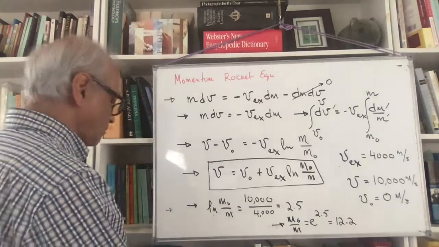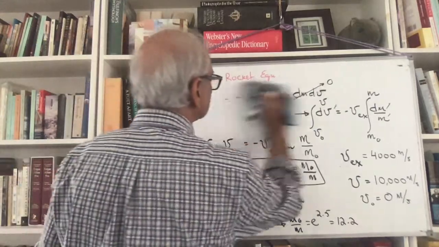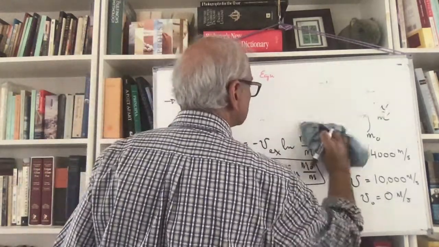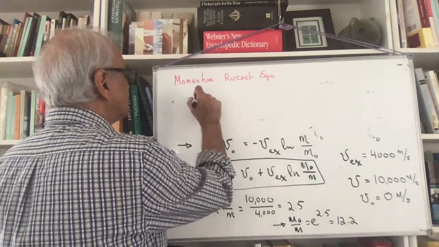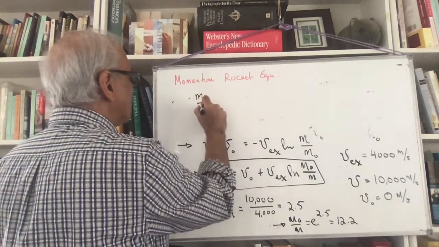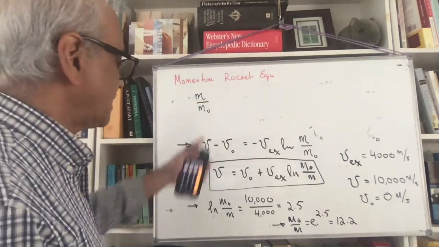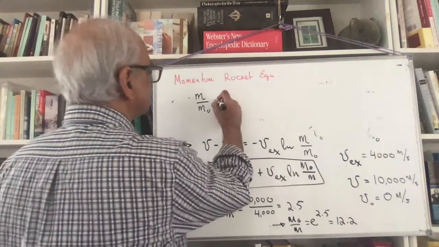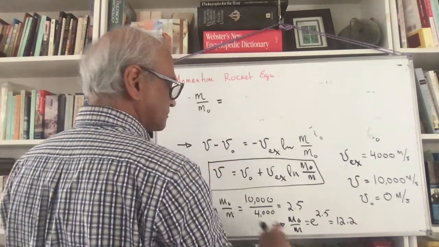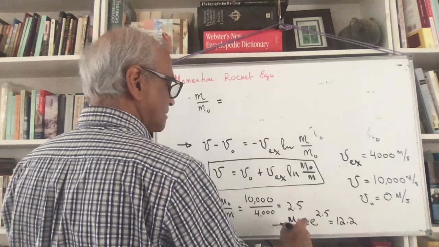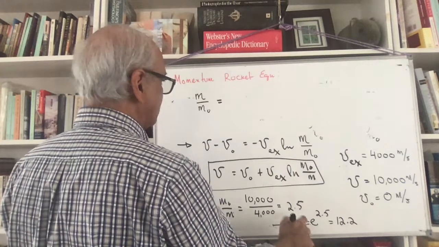Or the other way of writing it would be m over m naught is 1 over 12.2.